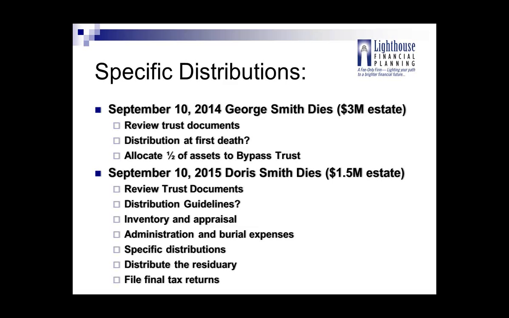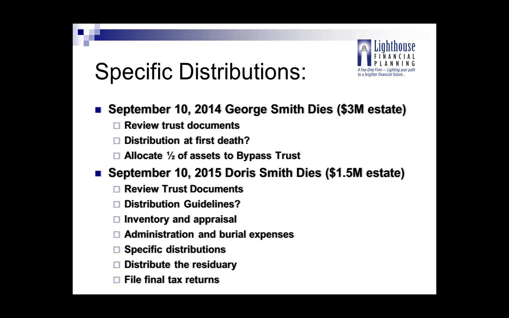Now, September 10th, 2015, 1 year later, Doris is no longer with us, so the successor trustee needs to again review the trust provisions and take a look at the distribution guidelines. Are the grandchildren's gifts an outright distribution to be managed by their parents? Or are the gifts to be held in trust until they reach a particular age? Are they staggered distributions?